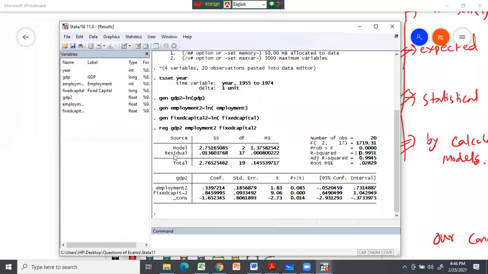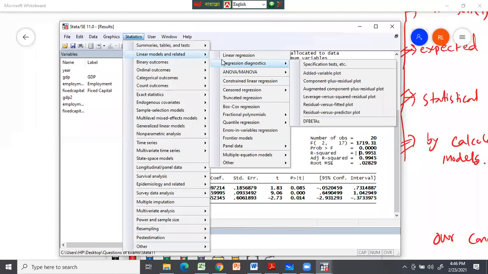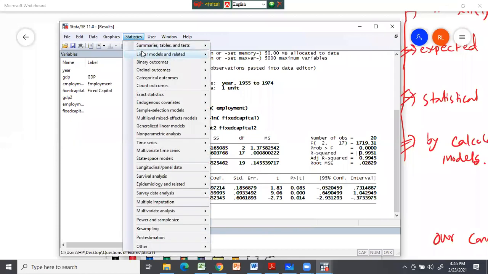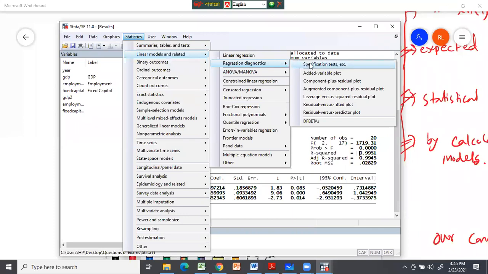If you want to do a diagnosis test on the output you have obtained here, whether the model is good or not, or whether it suffers from any problem like we have shown in the earlier class, multicollinearity, heteroscedasticity, or autocorrelation, then you can simply do this from the menu bar: Statistics, then Linear models and related, Regression diagnostics, Specification tests.